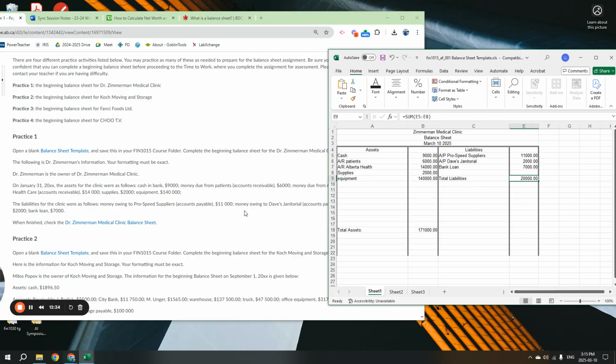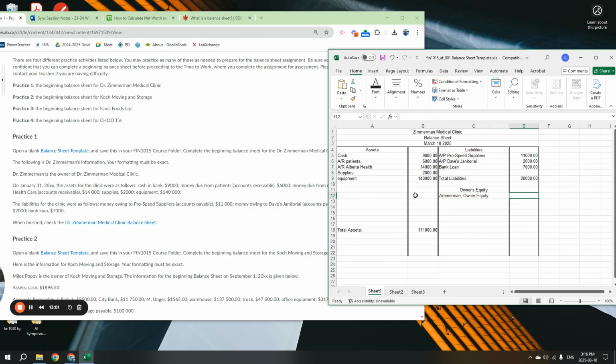Okay? So now remember, we still need to calculate equity, right? Owner equity. And this should be centered, so we'll try to center it. And then we can say Zimmerman owner equity.